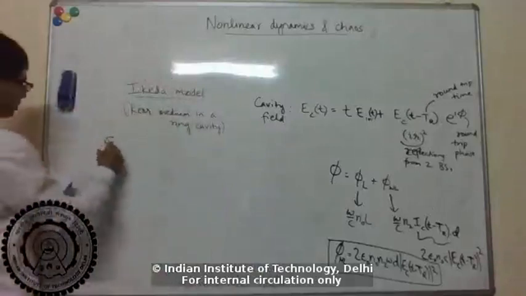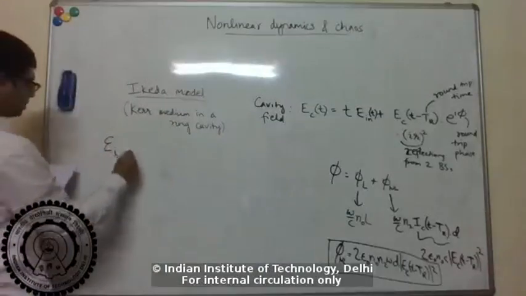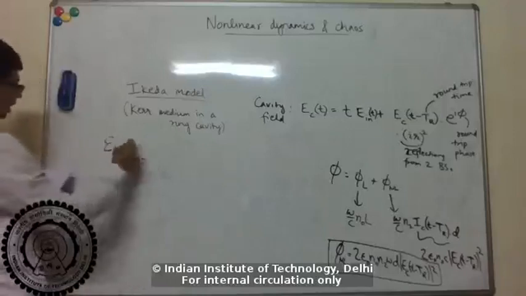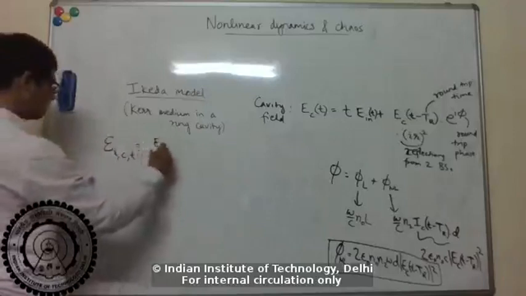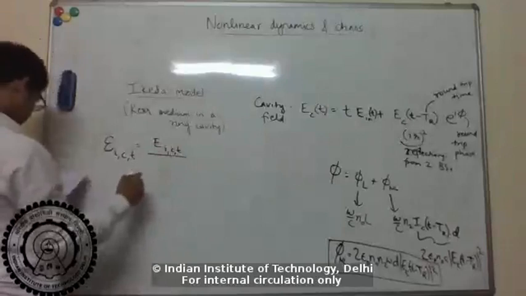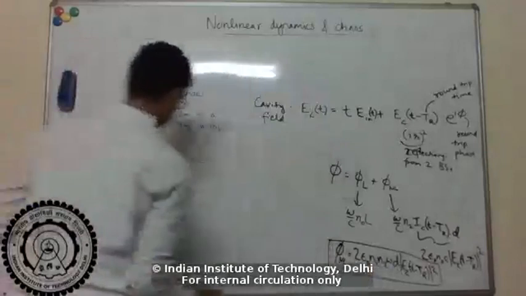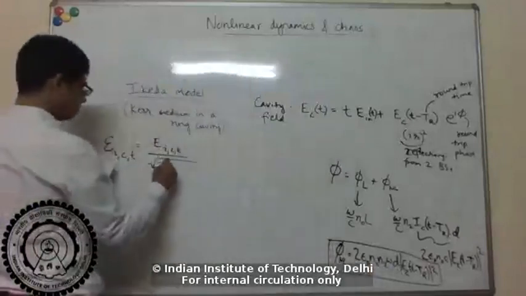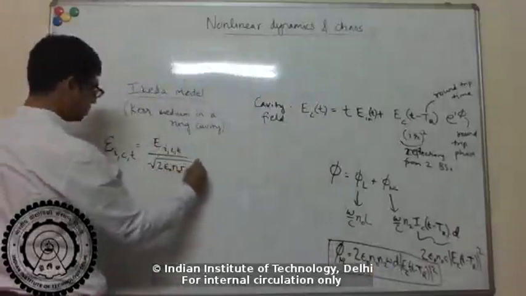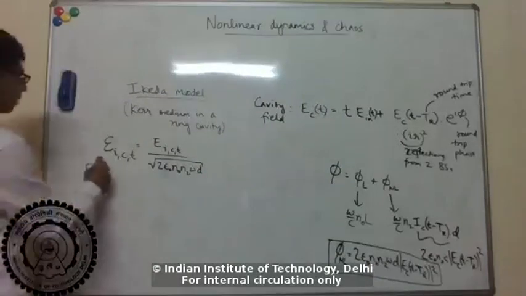Okay, so we normalize the fields like this. So the input field, the cavity field, and the transmitted field. We define some new curly E, which is the actual electric field divided by this constant which is coming here, just to make the math a little simpler and see what's going on. Okay, so these are some normalized fields.